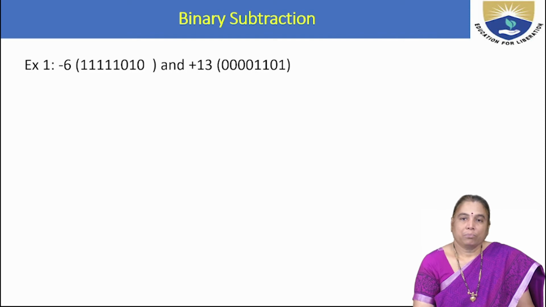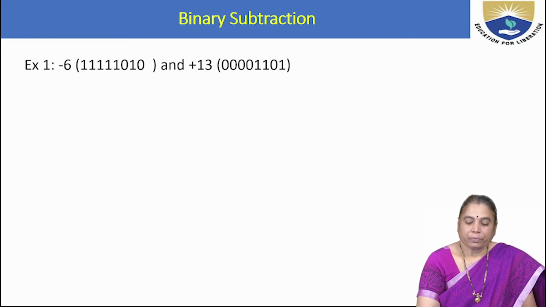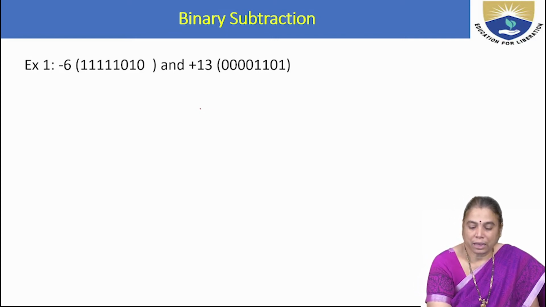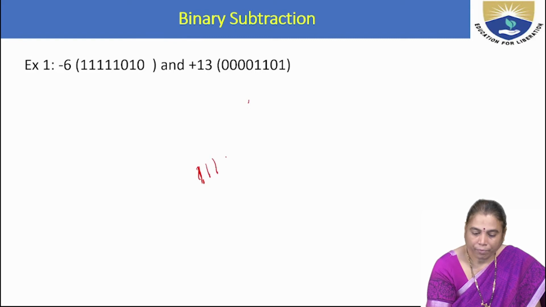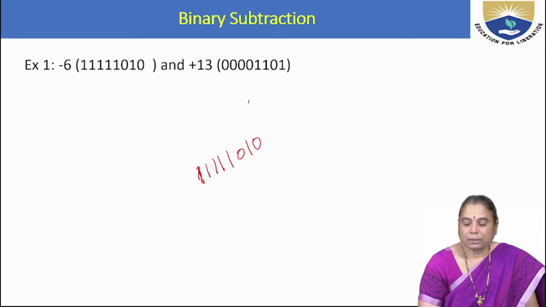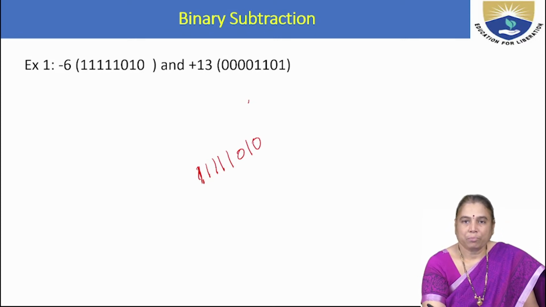And how the 2's complement representation can be used to find the subtraction. Here the first number, the minuend, has to be represented as it is. And the subtrahend can be represented in the 2's complement form.